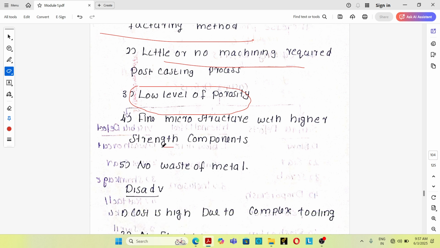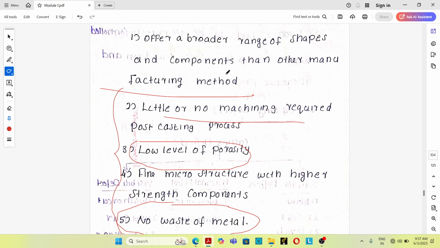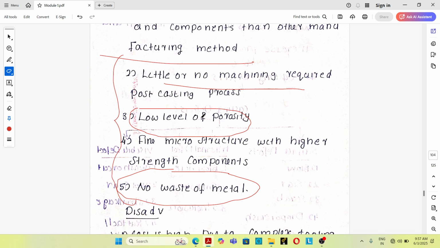No waste of material. So these are the advantages of squeeze casting process.